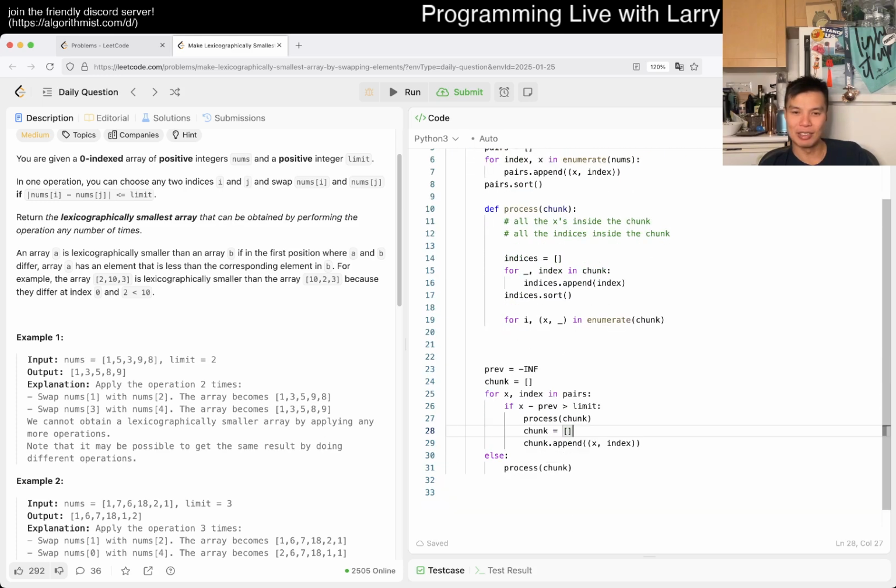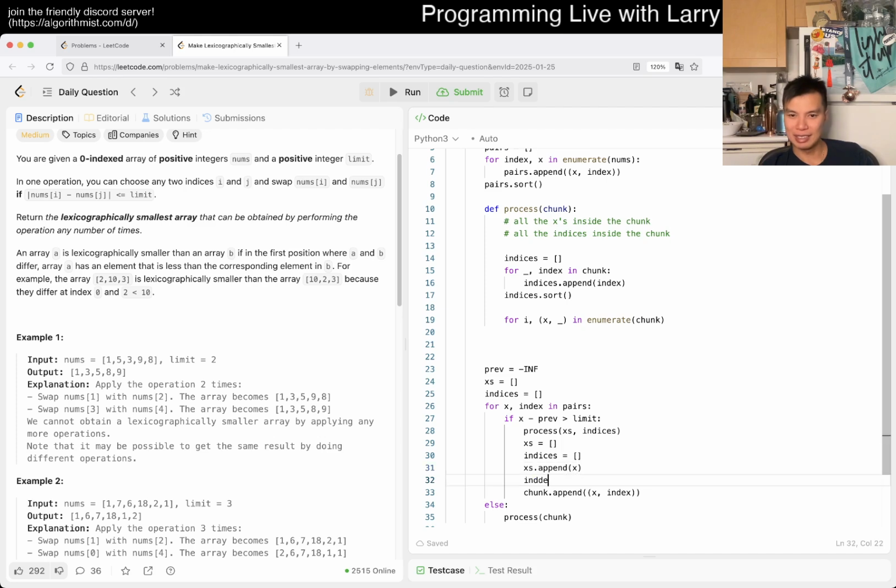It's a little bit of premature optimization, but you have something like this, and then process xs and indexes, and after you process it, we set it to empty, and then xs.append x, index_cs.append index.